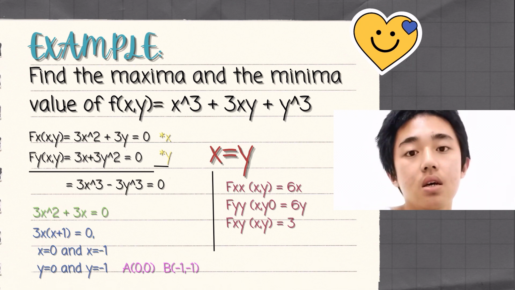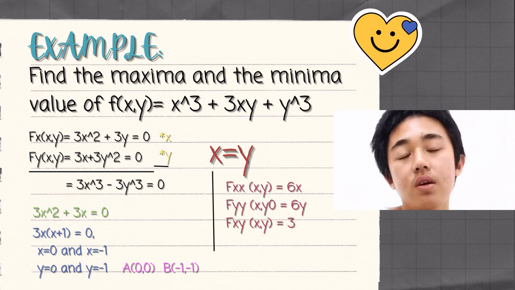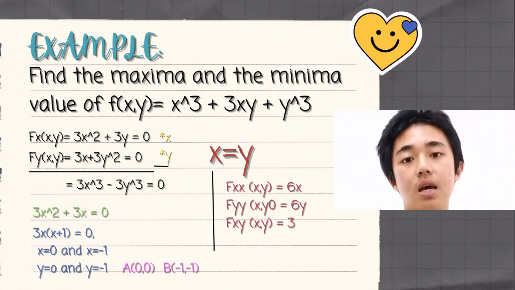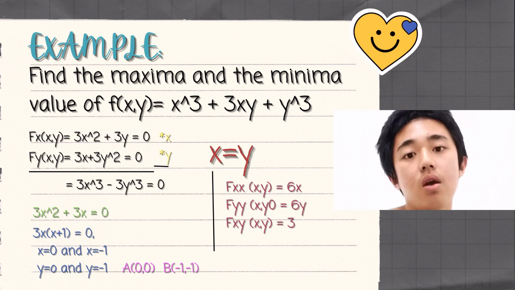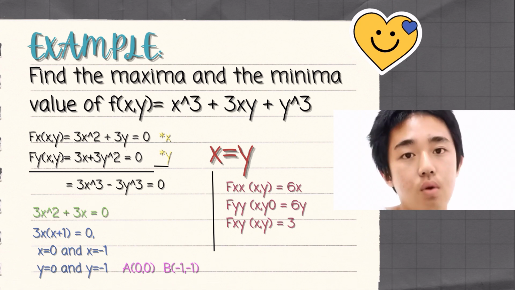And because x equals y, the first y is also 0, and the second y is also negative 1. So we're going to consider them as coordinates: the a coordinate is (0, 0), and the b coordinate is (-1, -1).